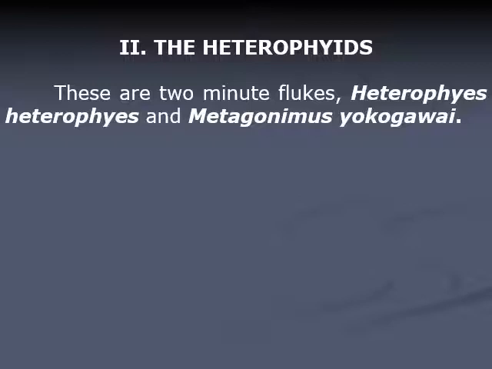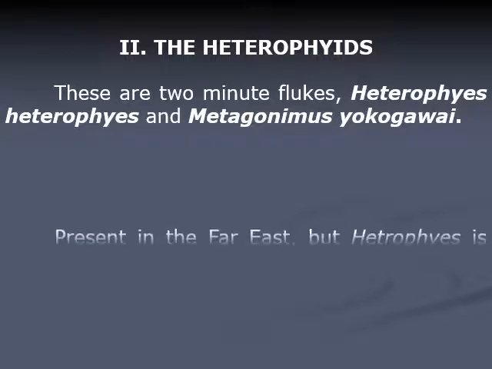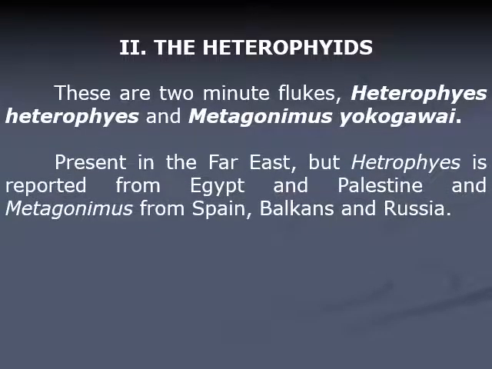From the name, Metagonimus yokogawai means that it is a Far East trematode. Also, Heterophyes is present in the Far East, but it is reported from Egypt and Palestine and Lebanon. Metagonimus is also reported from Spain, the Balkans, and Russia.